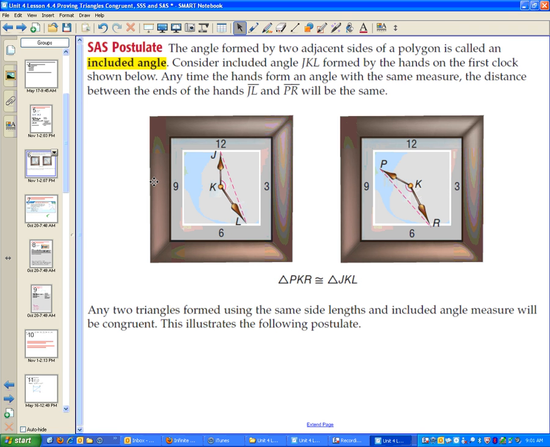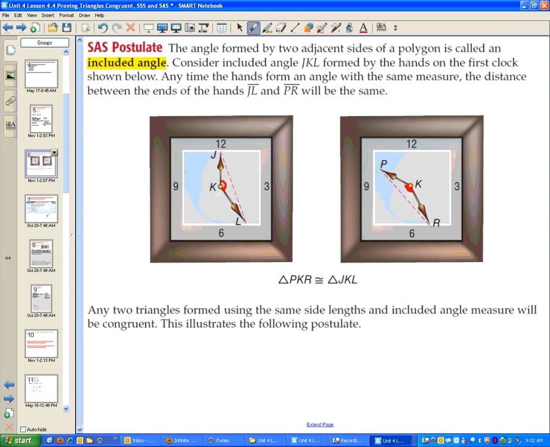Anytime the hands form an angle with the same measure, the distance between the ends of the hands, JL and PR, will be the same. So this angle K is the included angle between sides KJ and KL. Well, over here, that angle K is the included angle between sides KP and KR. So included angle is simply the angle formed by the 2 sides we're talking about.